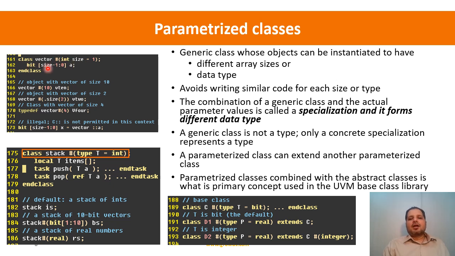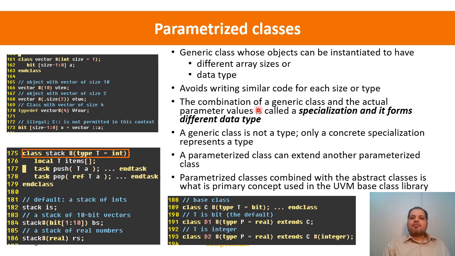Here we are declaring a bit vector of the size that we have created as a parameter: size minus 1 colon 0. Once we do this, we need to pass a particular value to this parameter, and only then do we actually create a real data type.